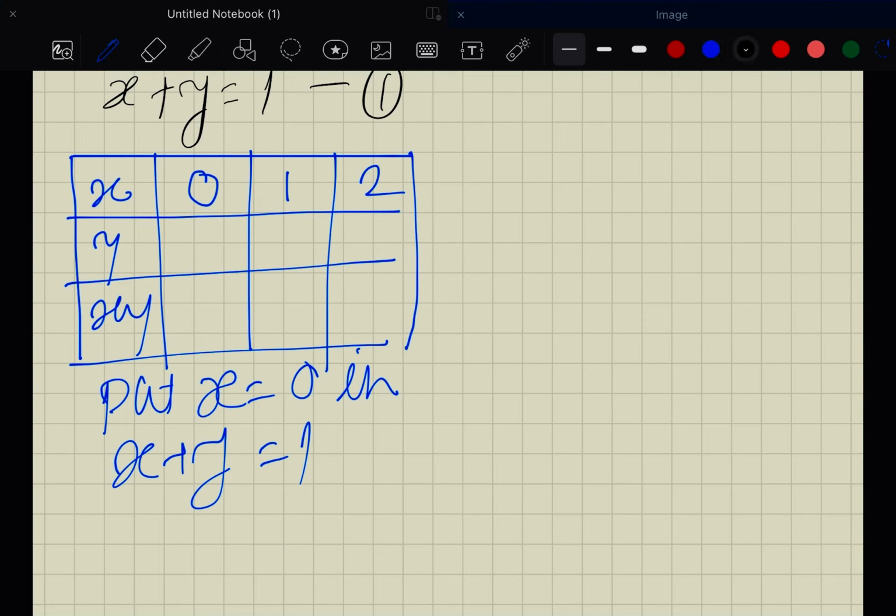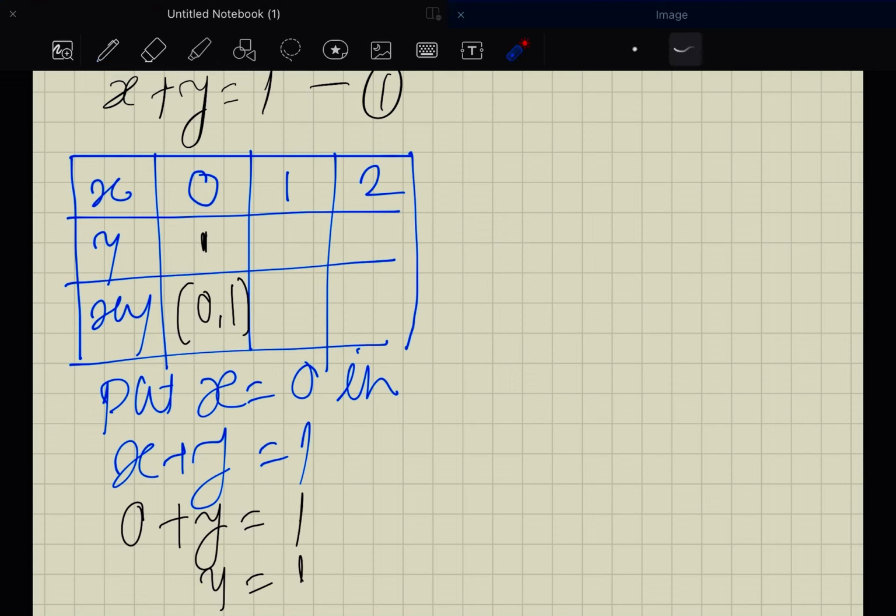So x is equal to 0. So we get 0 plus y is equal to 1. Ultimately, we get y is equal to 1. So put here 1. The coordinate looks like 0 is the coordinate of x, 1 is the coordinate of y. Keep it in a bracket.